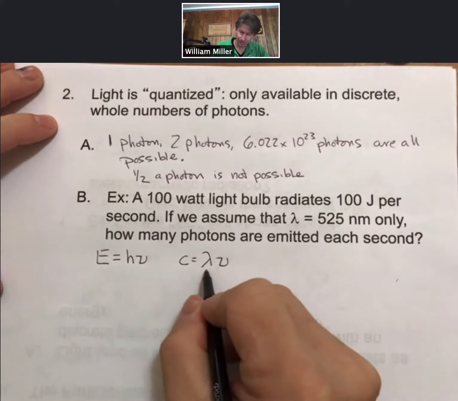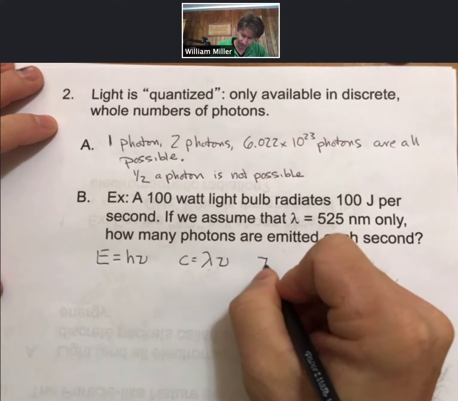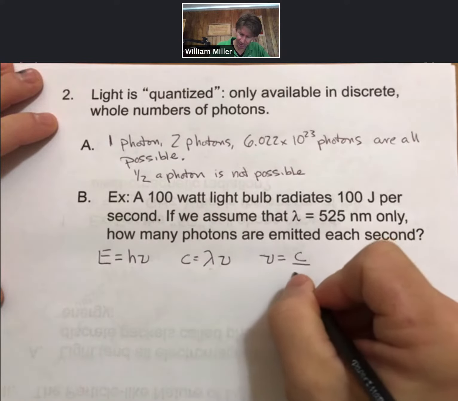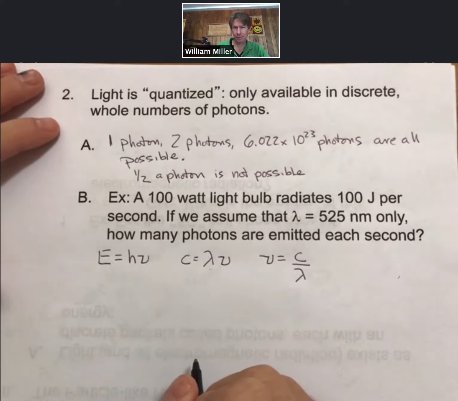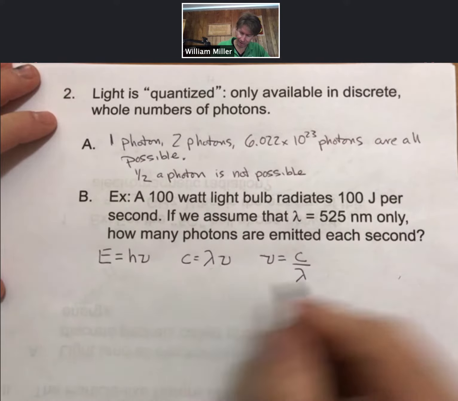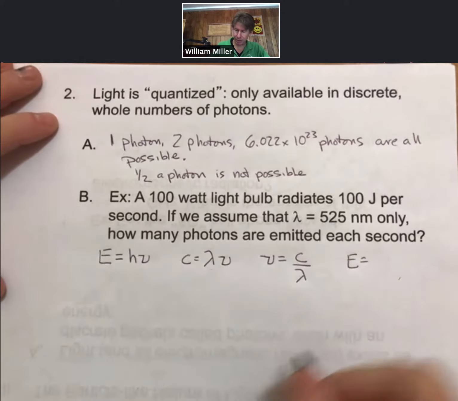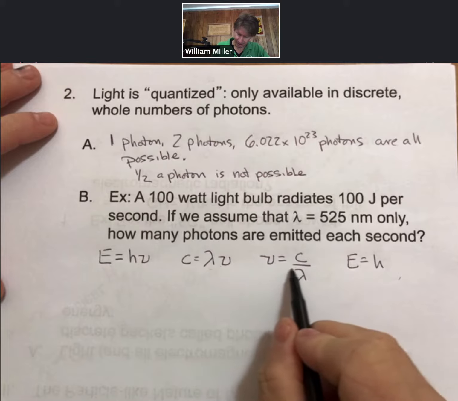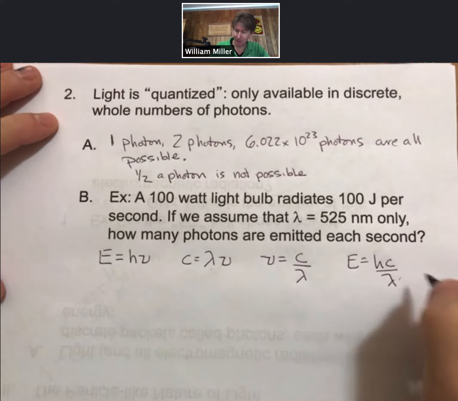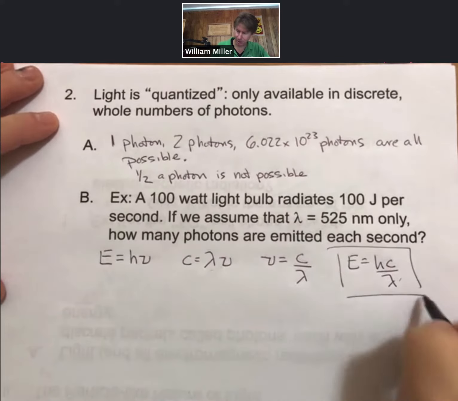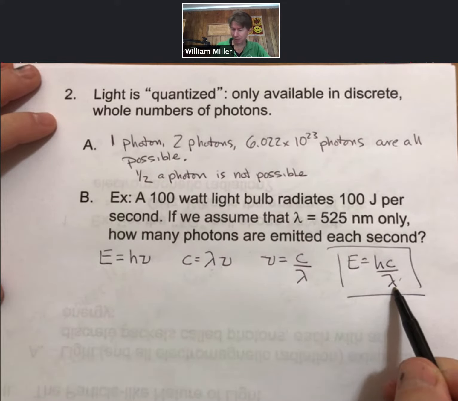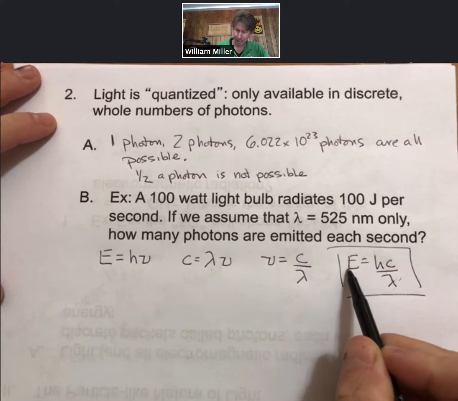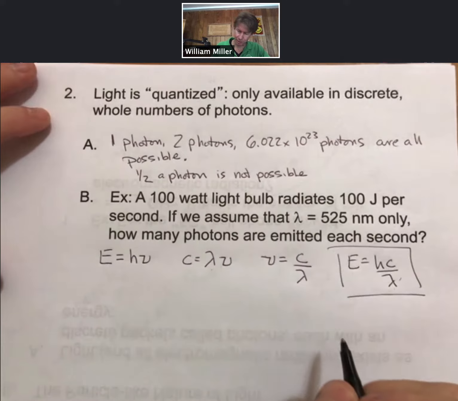So rearranging, frequency equals c, the speed of light, over wavelength, and then plugging that into the energy equation, energy equals h, Planck's constant, times c over wavelength. So here's the equation we're going to use to relate the wavelength we've been given to energy, and that will be for a single photon. And then we'll talk about this 100 joules per second.